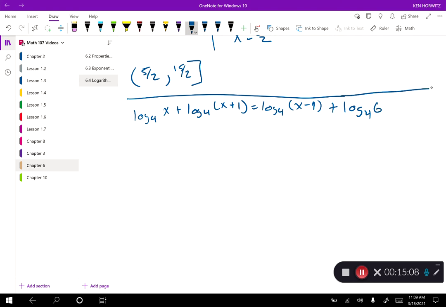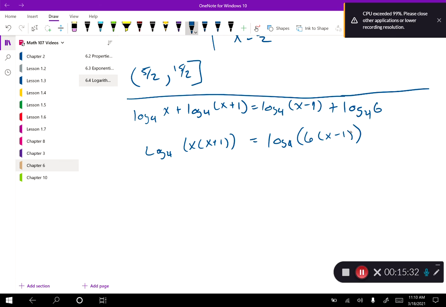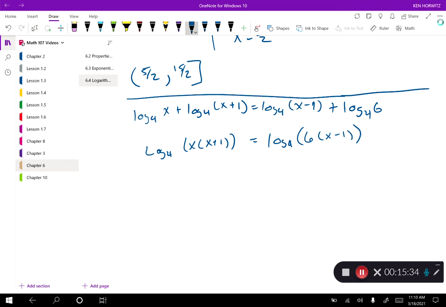So I want to take both sides and combine them into a single log, and I can use my product property there. So I have the log base 4 of x times x plus 1 equals the log base 4 of 6 times x minus 1.